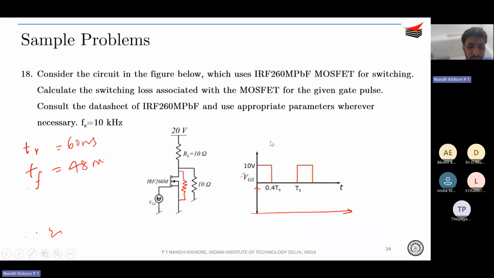So this resistance will be equal to 0.04 ohms when it is turned on, and of course when it is turned off, it acts like an open circuit. So you just need to draw the equivalent circuit when the MOSFET is on and when it is off.